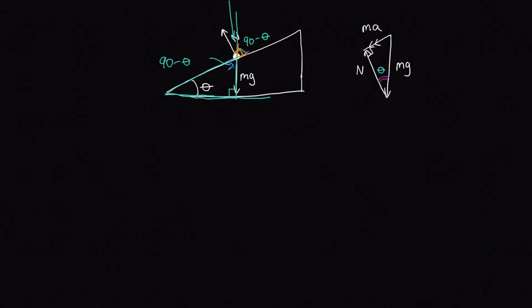So what we can do now is use trigonometry to work out what the acceleration is. So we can use sin theta, which is equal to opposite over hypotenuse, and in this case the opposite is ma and the hypotenuse is mg. So the m's cancel out, and we can rearrange this to get a is equal to g sin theta.